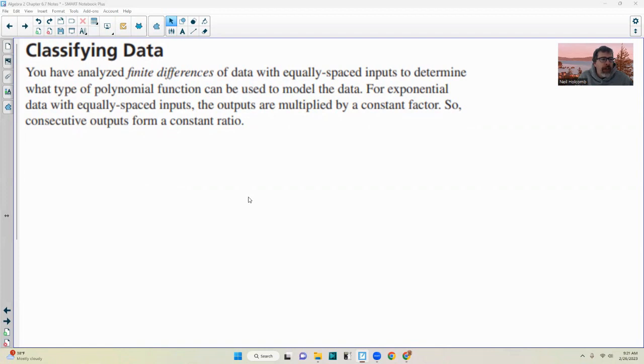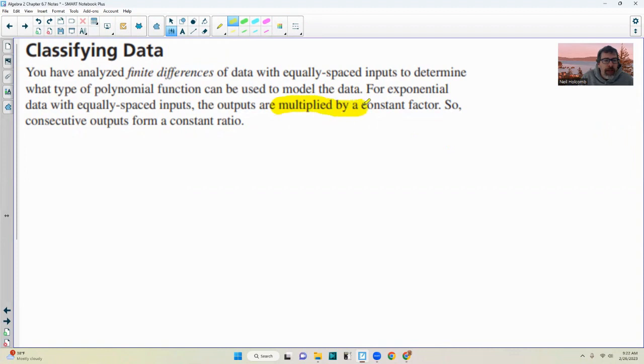Well, you have analyzed finite differences of data with equally spaced inputs to determine what type of polynomial function can be used to model the data. For exponential data with equally spaced inputs, the outputs are multiplied by a constant factor. So that's the difference between linear and quadratic and exponential.